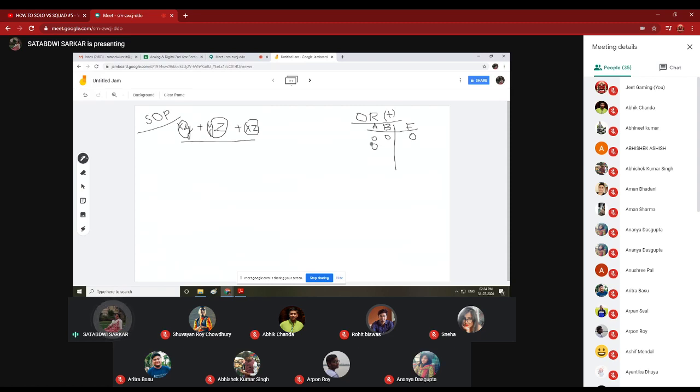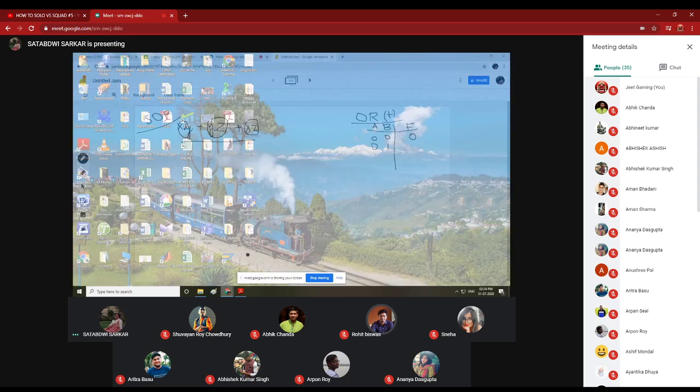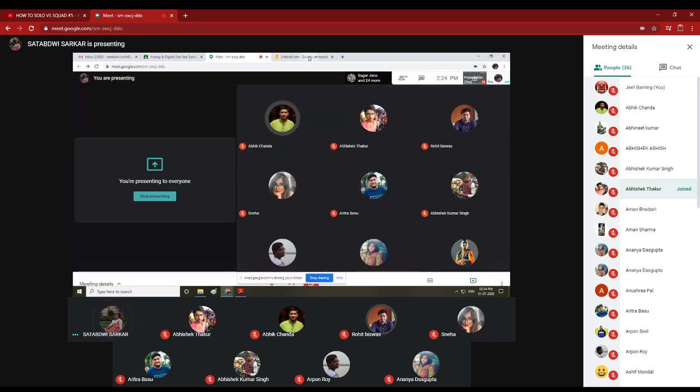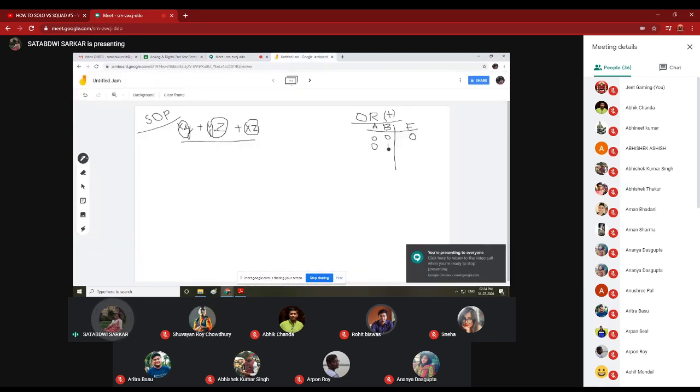Next, if the value of A and B are 0 and 1, then if we do the plus operation, the output is 1. And if the value of A is 1 and B is 0, then also the addition operation will give us the result as 1.